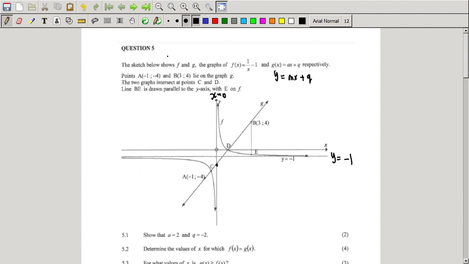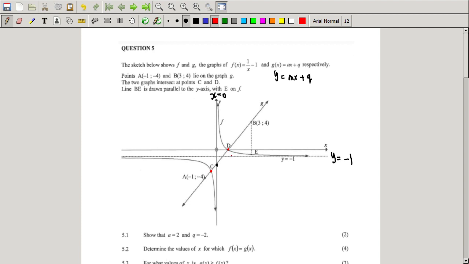Now let me read the following points. Point A and point B lie on graph g, and they have these coordinates. The graphs intersect at points C and D. Where they intersect is where they meet, where they touch.